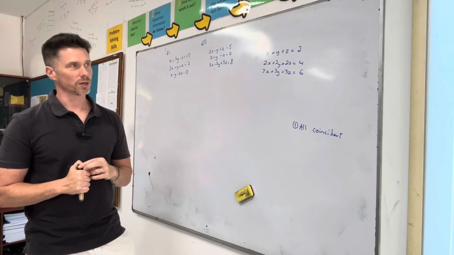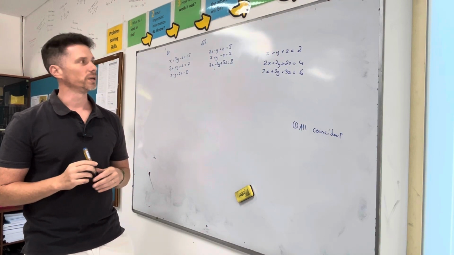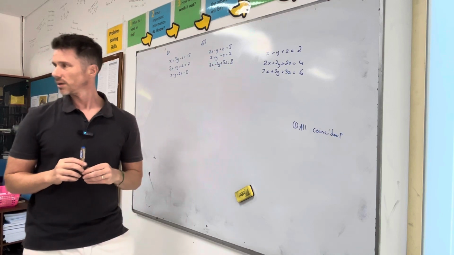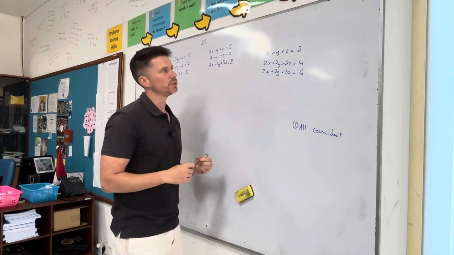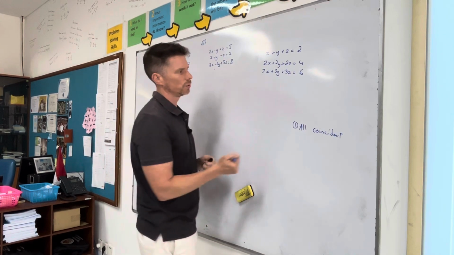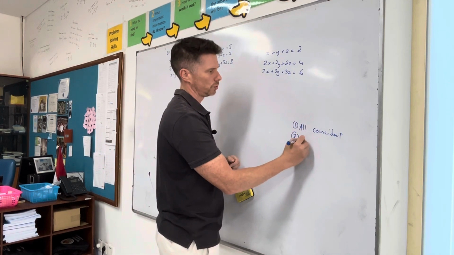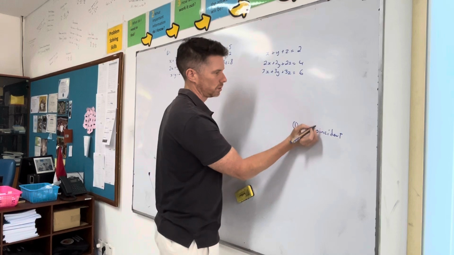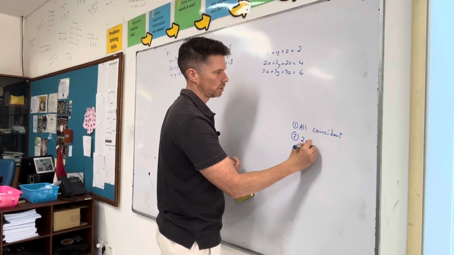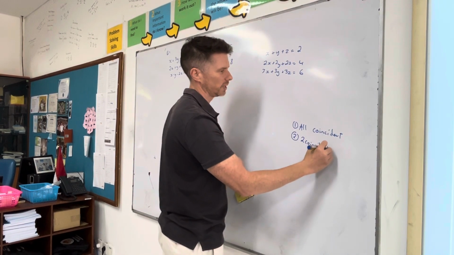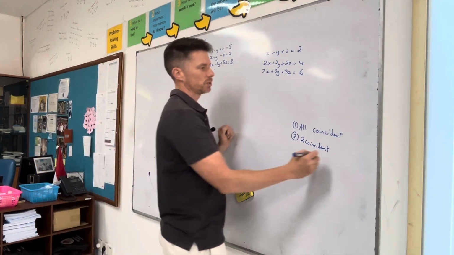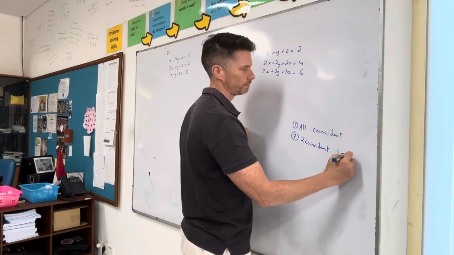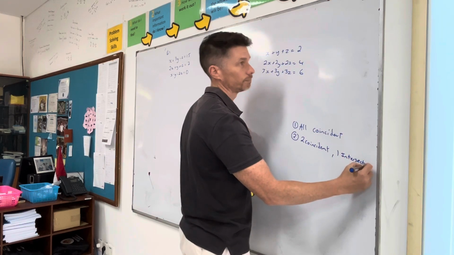2 are coincident, and then 1 goes at a different angle to it. What would that look like? Which means there's a whole line where they intersect, right?